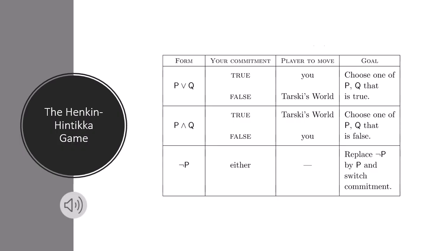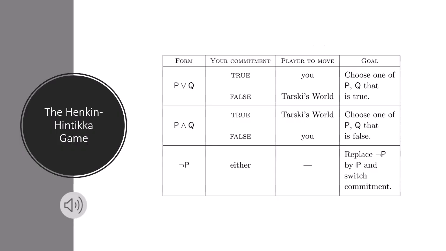If you think that the sentence P or Q is true, then you think one of P or Q is actually true, possibly both. And your goal at this stage will be to then present that simpler sentence. Notice that it has one less connective, and then you repeat the whole process again, and you're now saying that that simpler claim is true.